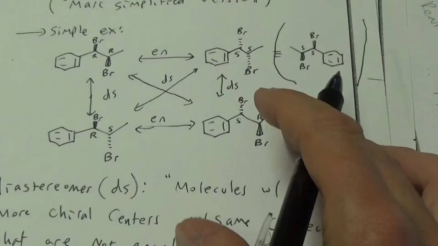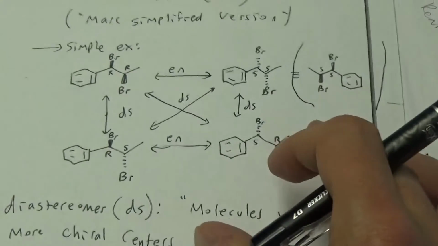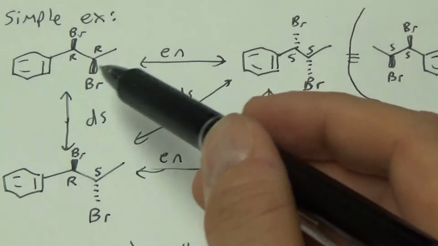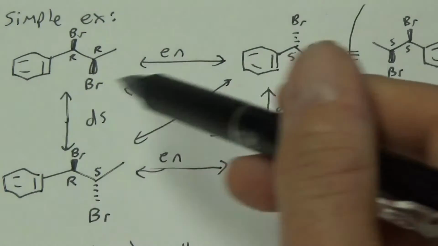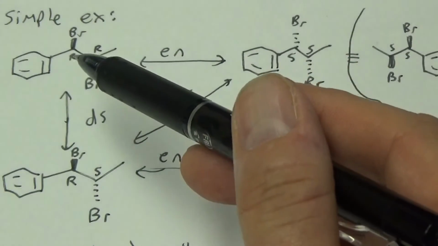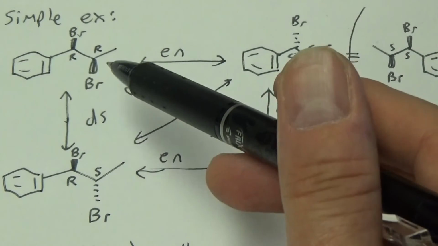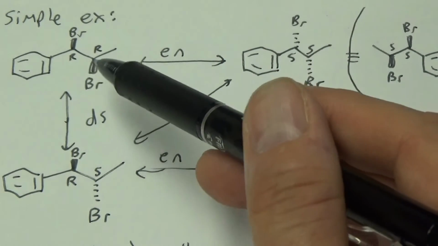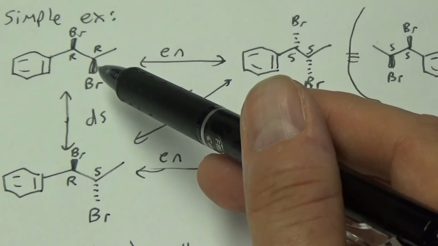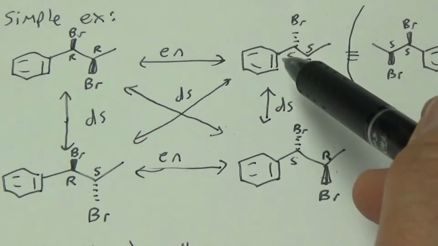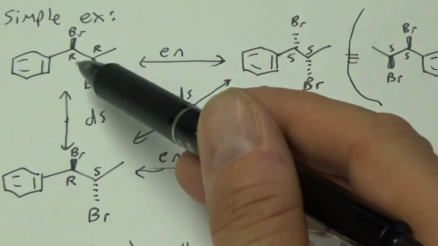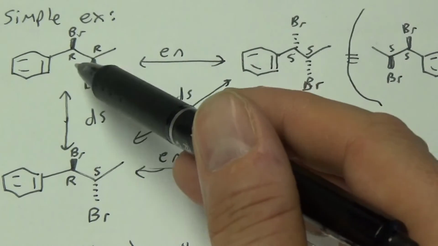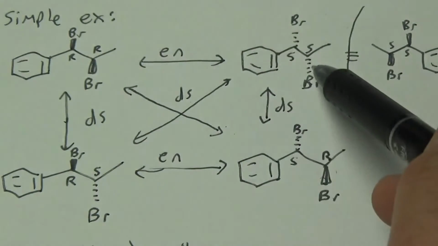So basically, an easy way to think about that is if you have multiple chiral centers, and we need multiple chiral centers to experience this. With a single chiral center, you're not going to have diastereomers. With multiple chiral centers, if you form a stereoisomer by flipping both or all of the chiral centers, you get an enantiomer.